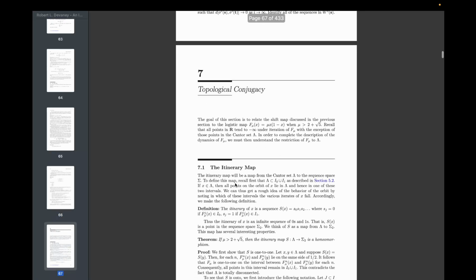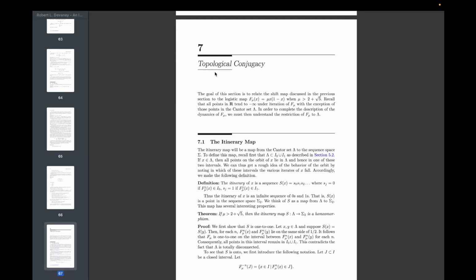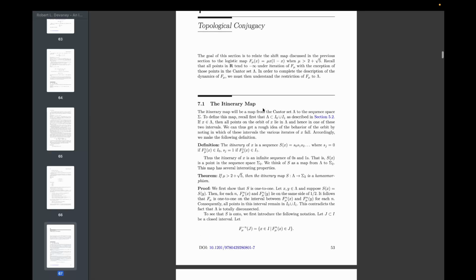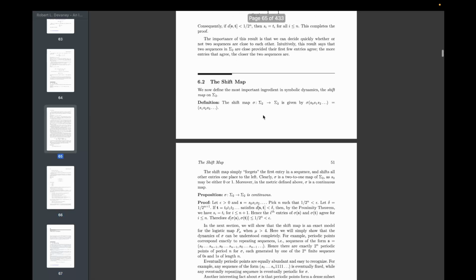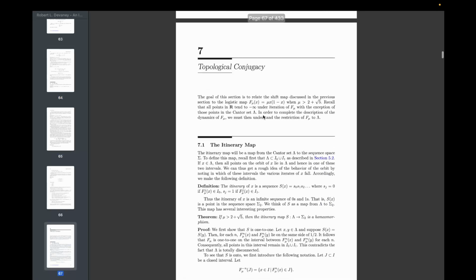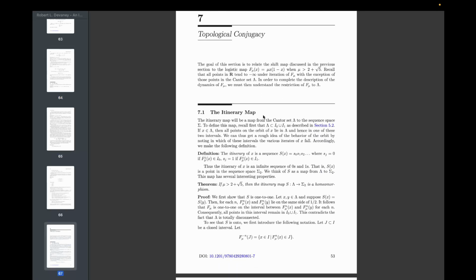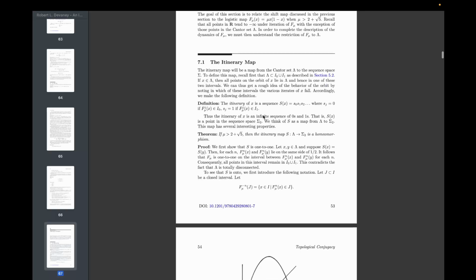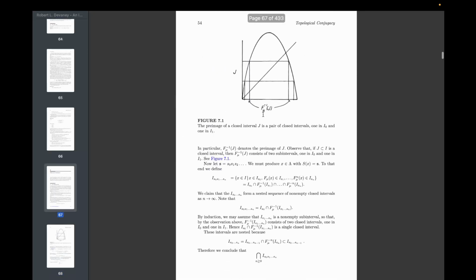But what really gets interesting is the topological conjugacy, which basically relates spaces or dynamical systems. In this case, you realize why they introduced a sequence space, because it's related to the Cantor set in the logistic family, since there's a topological conjugacy.